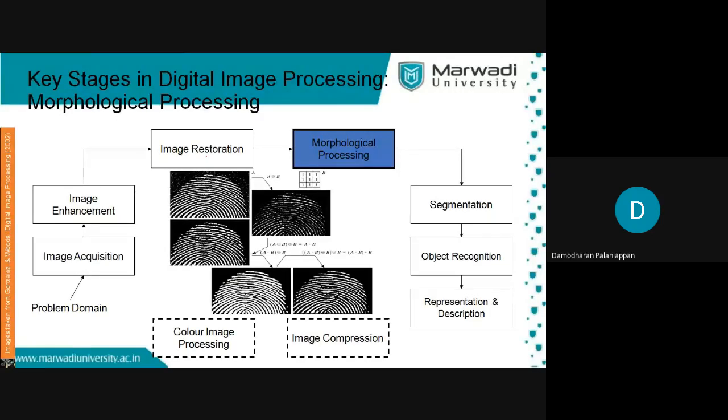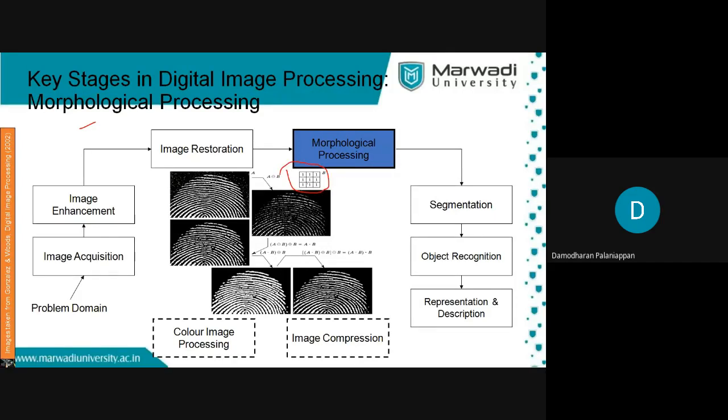Morphological processing is used for biometric operations. If we take a biometric, it is changed into digital form and stored by using operations. We are already clear that the image is stored in the form of a matrix.